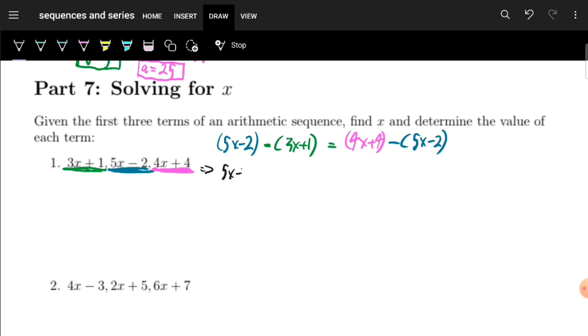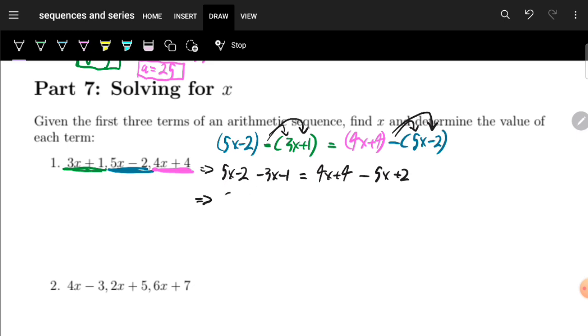So we have 5x minus 2 distributing in the negative. We get negative 3x minus 1 is equal to 4x plus 4 minus, again distributing in the negative, minus 5x plus 2. Let's collect the like terms.